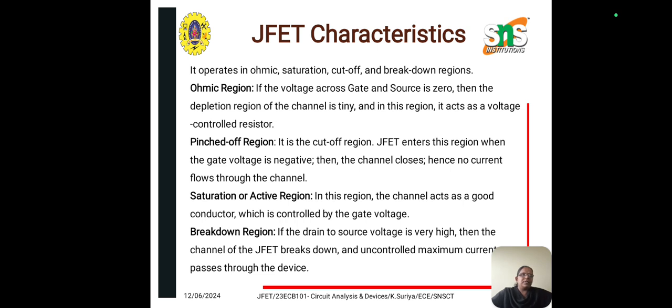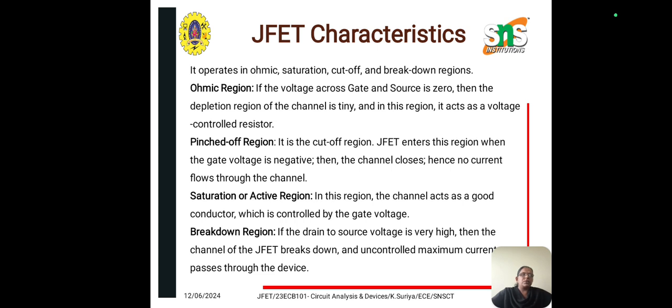In the ohmic region, if the voltage across the gate and the source is 0, then the depletion region of the channel is tiny, and in this region it acts as a voltage controlled resistor. Next one is the pinched off region, also known as cutoff region. JFET enters this region when the gate voltage is negative, then the channel will close, hence no current flows through the channel.